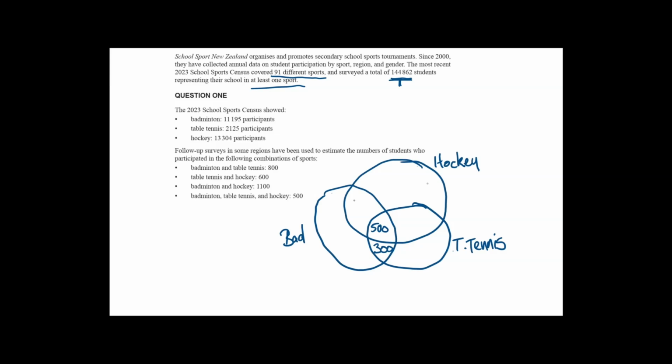So that means this must be 600, doesn't it? 600 plus 500 is 1100. Table tennis and hockey is 600. So there must be 100 students there who play only hockey and table tennis, but not badminton. That's interesting. So now we can work out these other three.